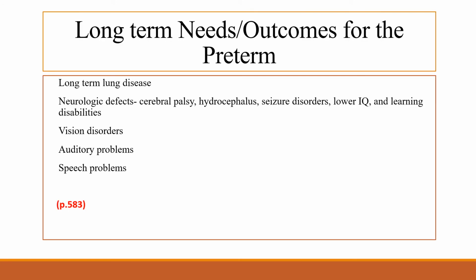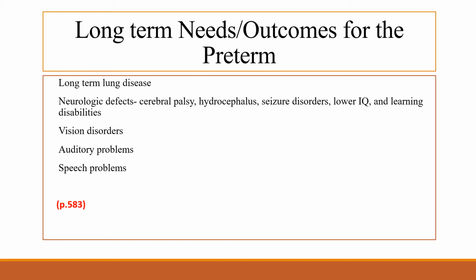The long-term needs and outcomes for a preterm infant: we want to prevent lung disease or lung damage. We do want to look out for neurologic defects like cerebral palsy, hydrocephalus, and seizure disorders. Some of these babies may have lower IQ, but that's not necessarily true. Some of them may also have learning difficulties and may be diagnosed with attention deficit disorders and things of that nature.